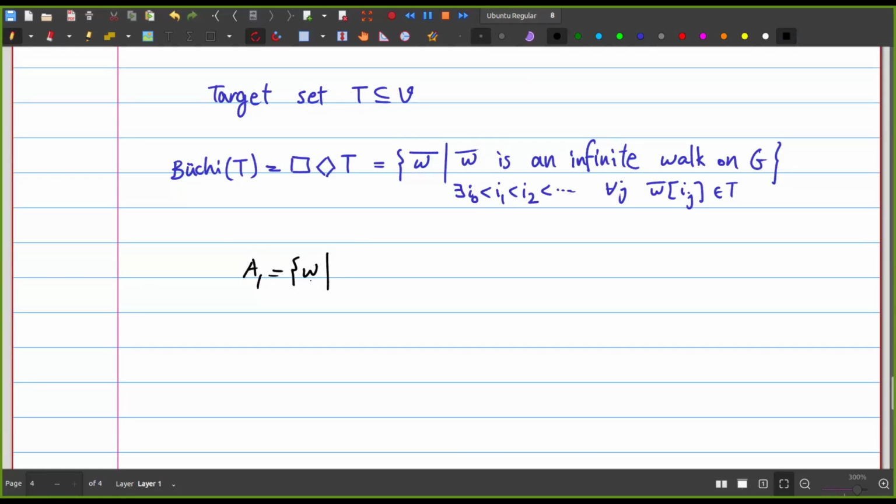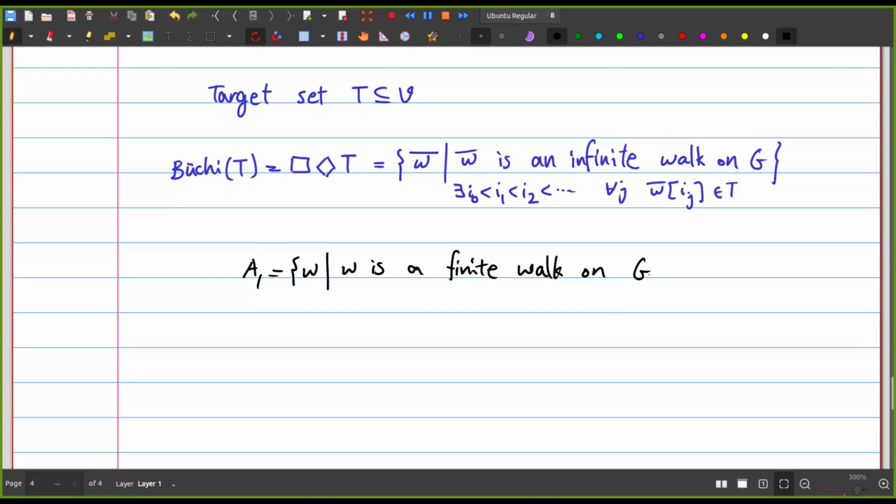So these are the W's such that W is a finite walk on G that visits my target set.